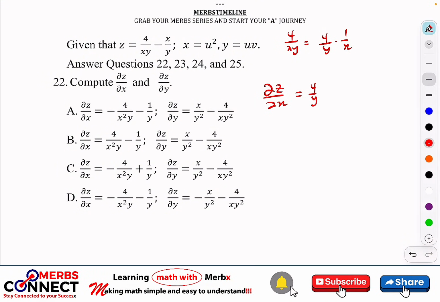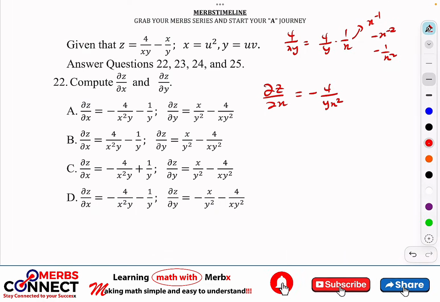And this 1 over x is the same as x to the power minus 1. So when I differentiate this using the power rule, this is minus 2. And this is going to be the same as minus 1 over x squared. So this is going to give us minus 4 over yx squared. Or I can bring x first and have x squared y.